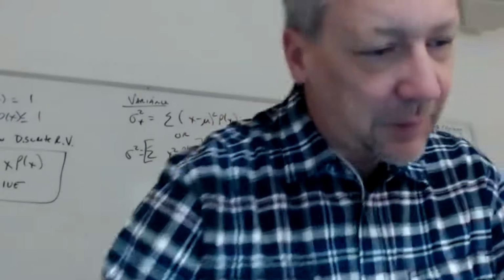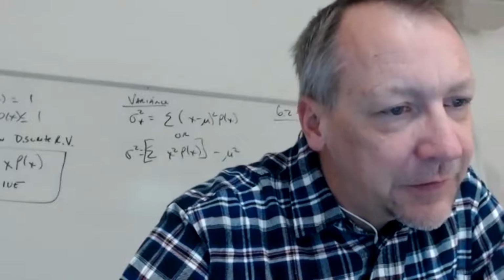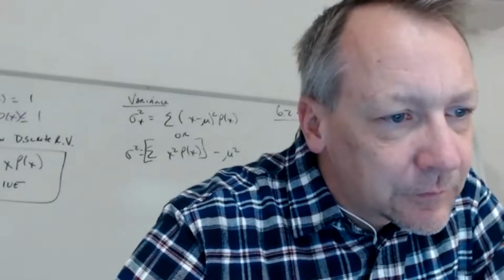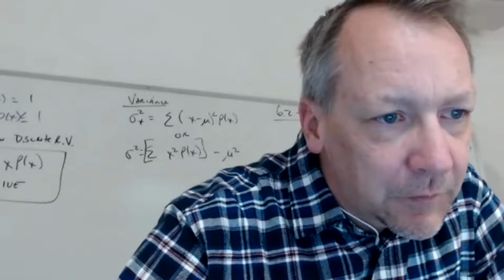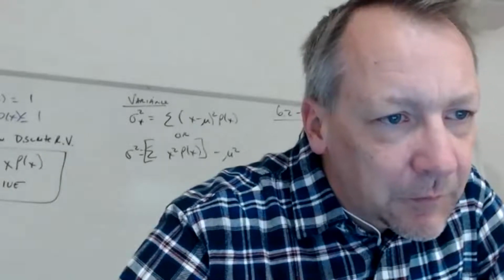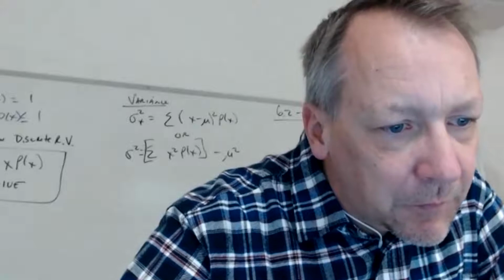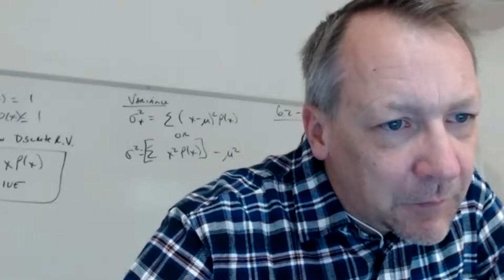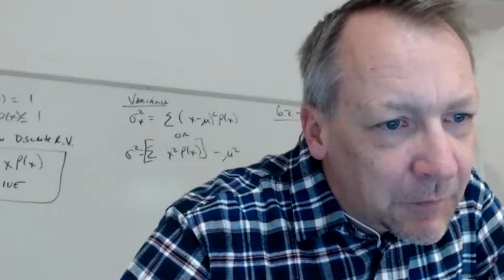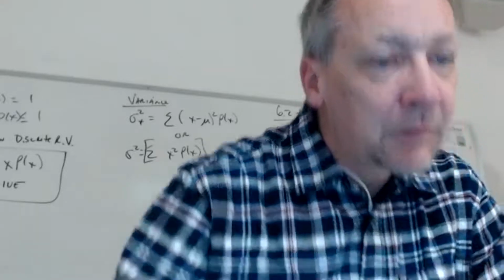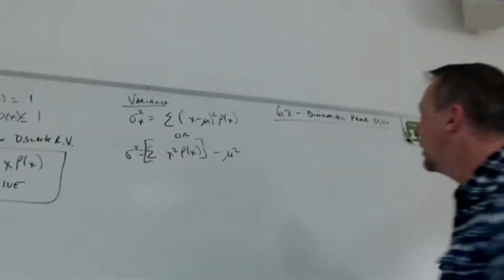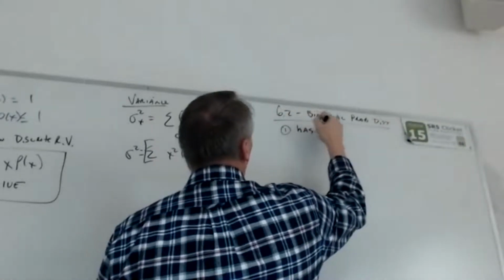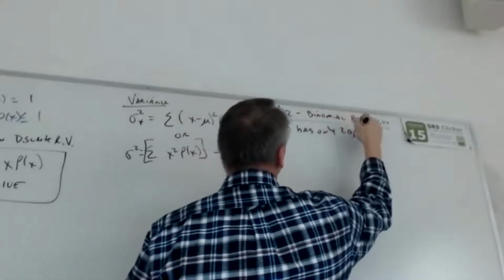Now, here, I'm going to pull this up. It's going to make my life easier. All right, so a binomial probability distribution has only two options.